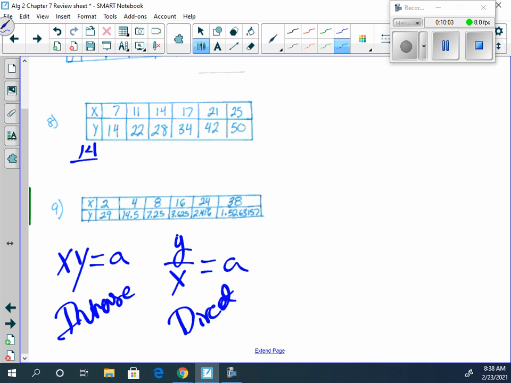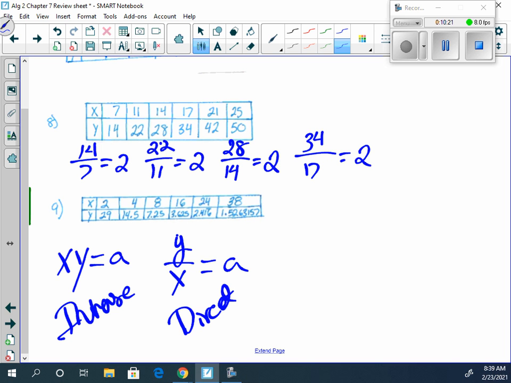So we can do 14 divided by 7, which is 2. 22 divided by 11 is 2. 28 divided by 14 is 2. 34 divided by 17 is 2. 42 divided by 21 is 2.